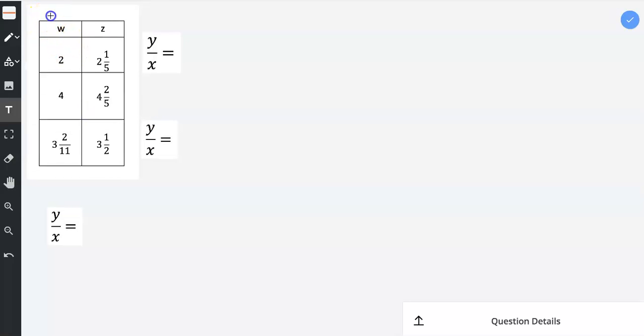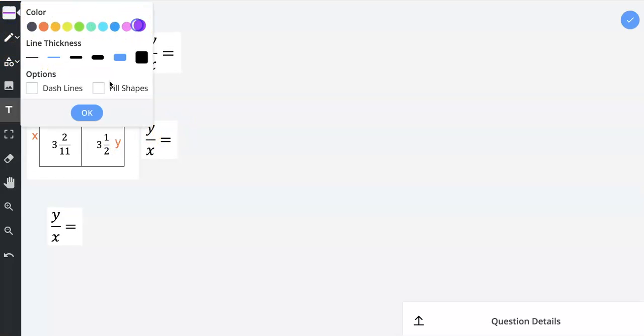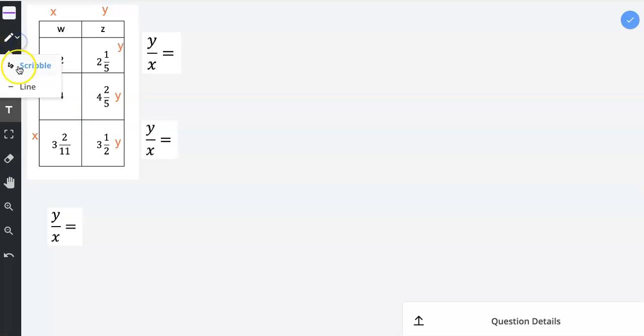So on the left, in a vertical table like this is X, so all of these values are X. And then all of these values in this right column are Y. Then I'm going to grab a pen color and start with this first point.